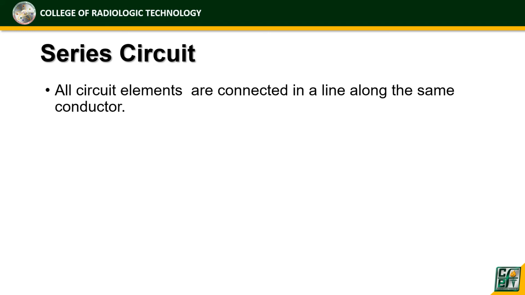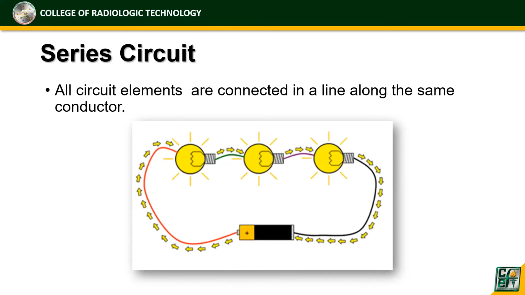All circuit elements are connected in one line along the same conductor. Okay, so this is the conductor, the wire. Okay, so circuit element number 1, okay, number 2, number 3. So siya ay connected. Magkaka-connect in one line along the same conductor.